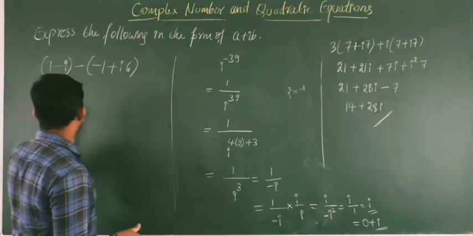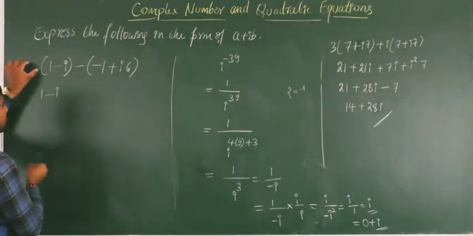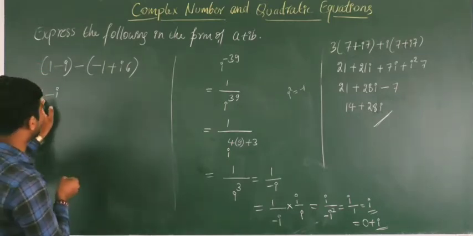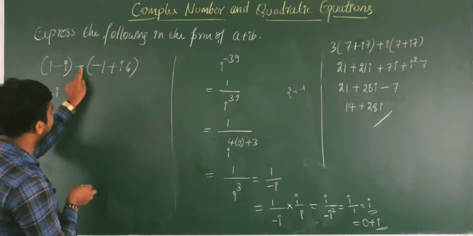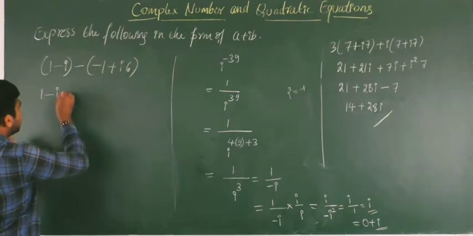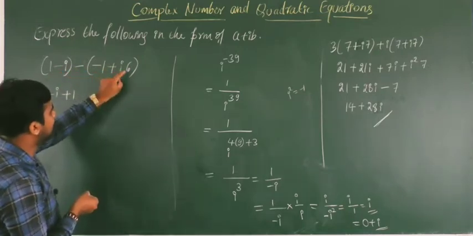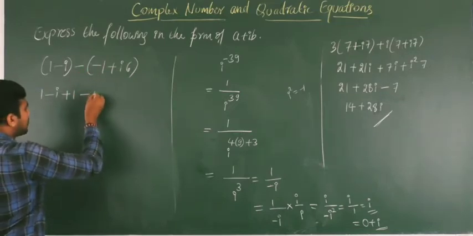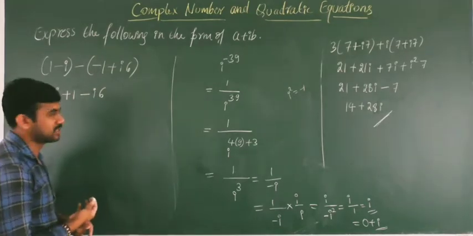So 1 minus i as it is, because there is no coefficient to multiply to this term. But here you have a minus outside, so multiply the minus to both terms. So minus into minus 1 is plus 1. Minus into plus 6i is minus 6i.